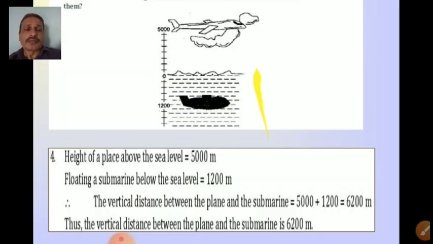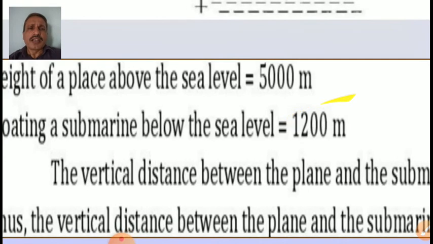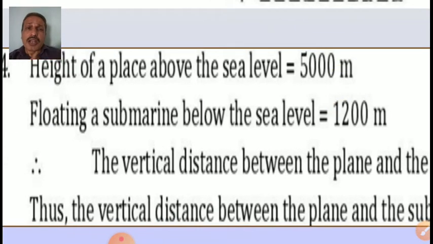See the answer. It is very clearly written. Whatever things are given, you should write them in a statement; it will give you more impression. The height of a plane above the sea level is 5000 meters, and the submarine floating below the sea level is 1200 meters.